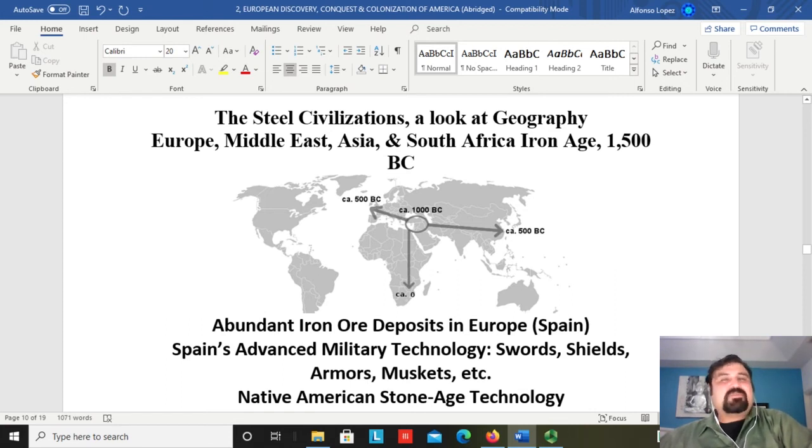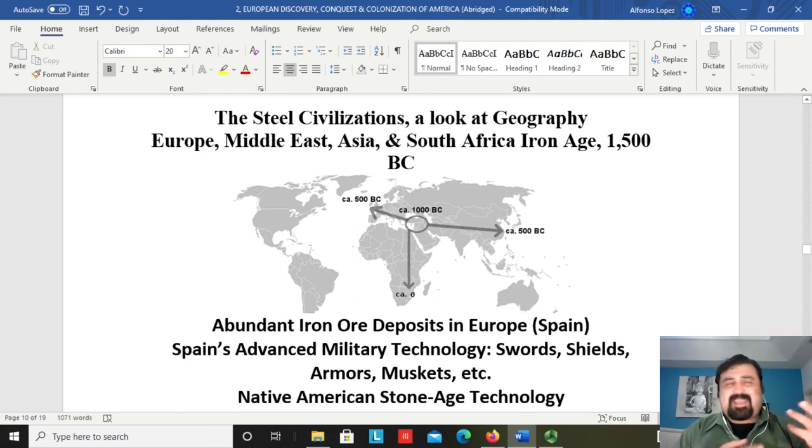Those were the steel civilizations, as they're called. They entered the Iron Age very early on in world history. And the reason for that, as I said, is that the geography is providing the raw materials to you. It provides the elements from which people are going to take and create tools.